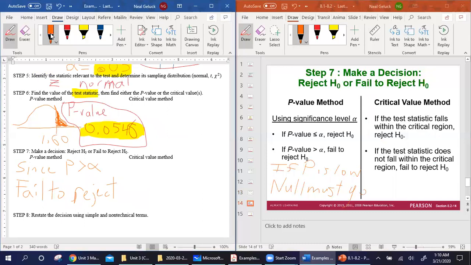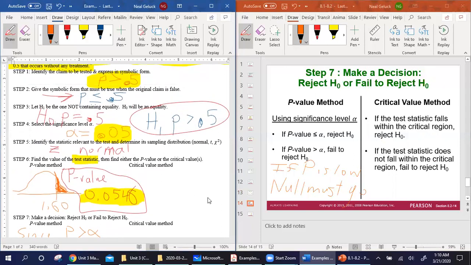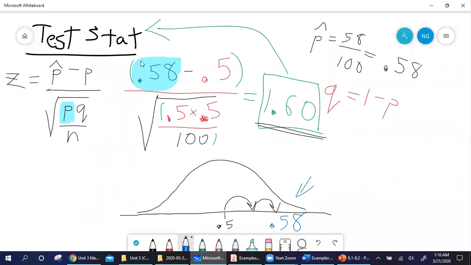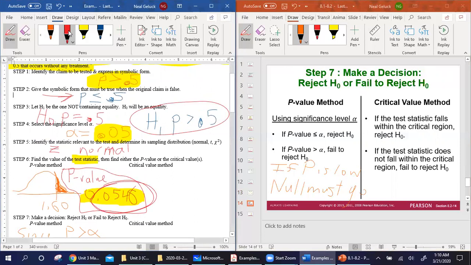So a little bit about the theory behind what we just figured out. Essentially, finding 58% girls had about a 5.48% chance of happening. So if it was true that only 50% would have been girls, getting a result of 58% had about a 5.48% chance of happening.